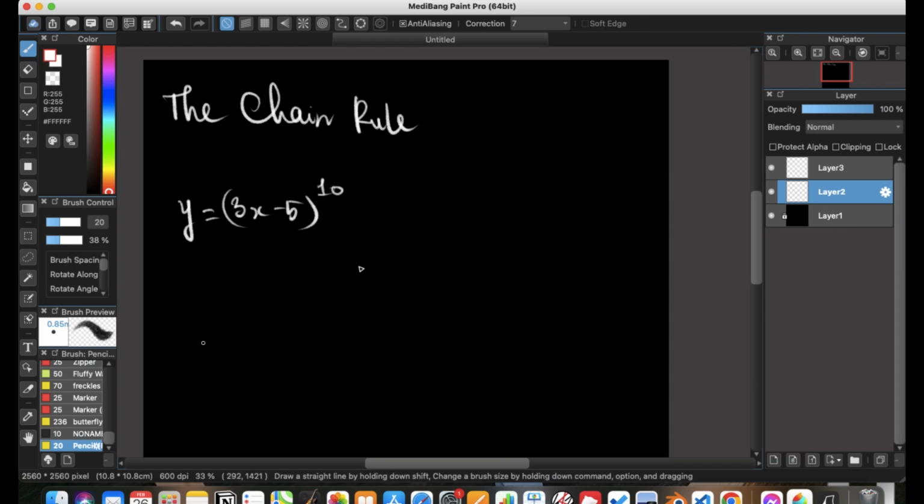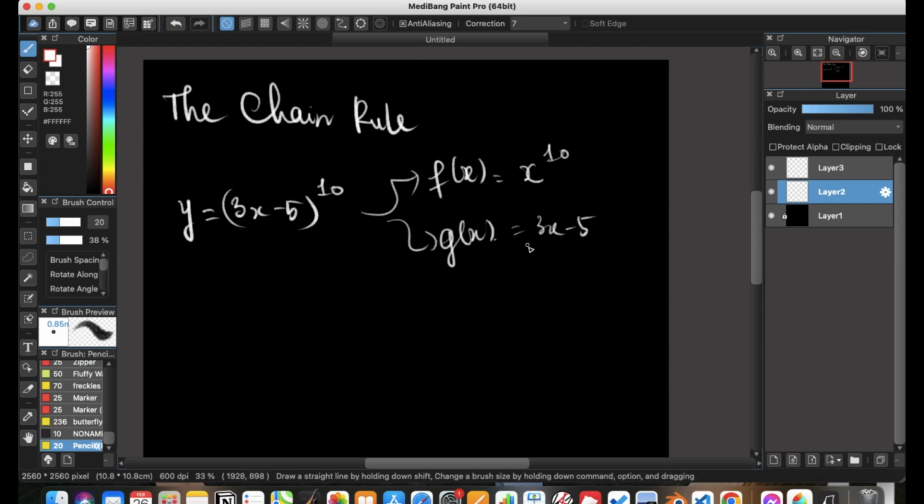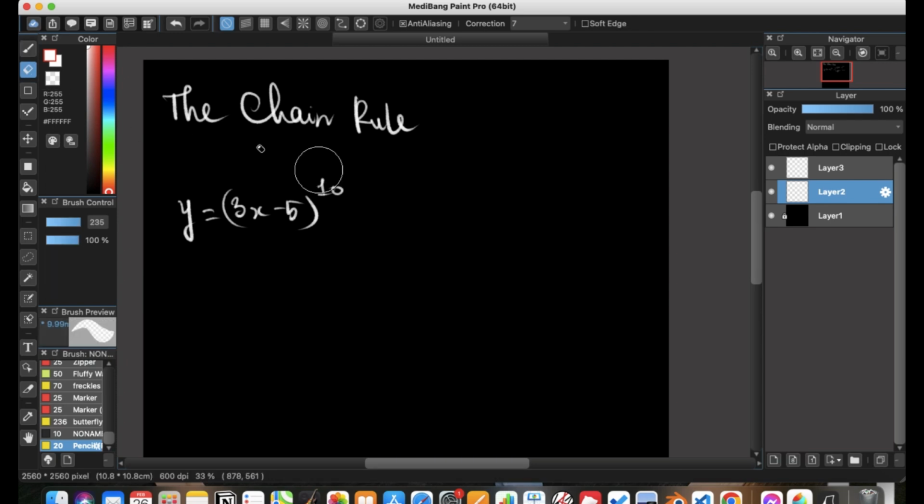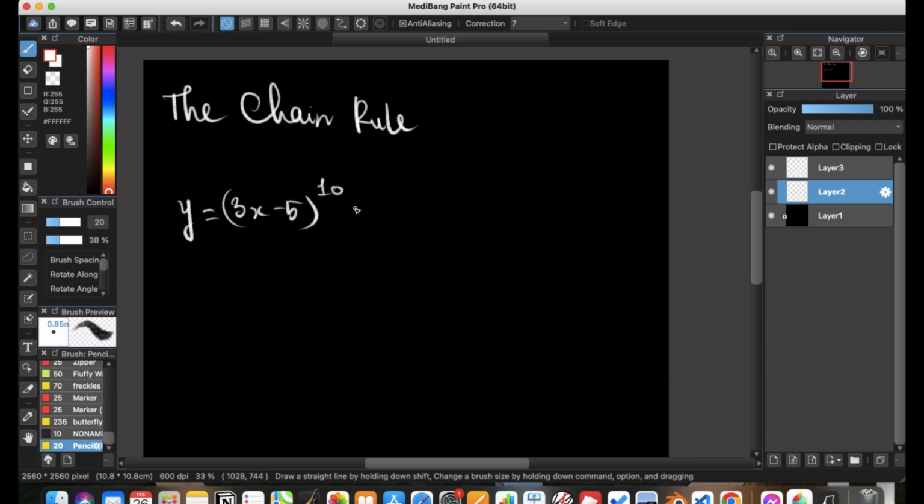Here we're going to have to treat this like two different functions. So first, the function f of x equal to x to the power of 10, right? Next is the function g of x, which is equal to 3x minus 5.